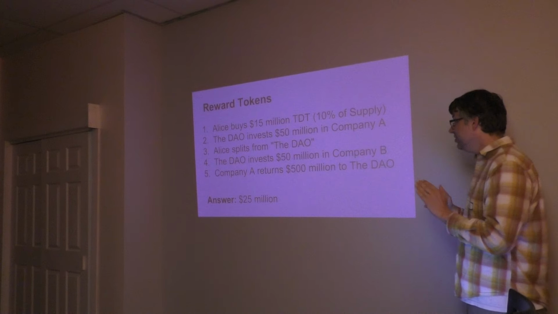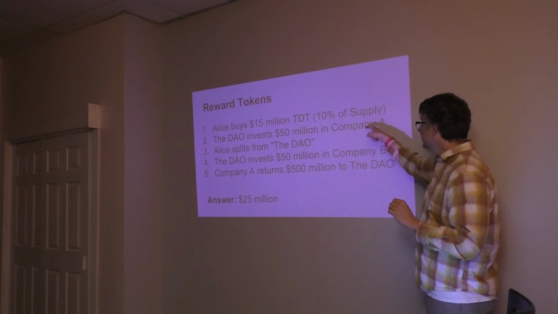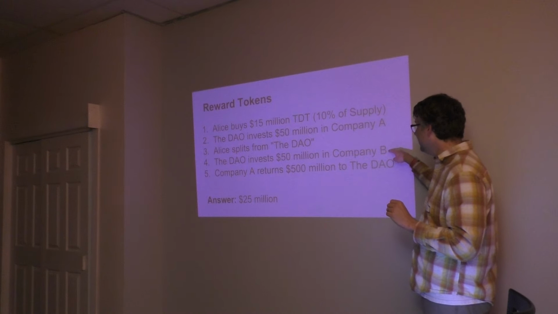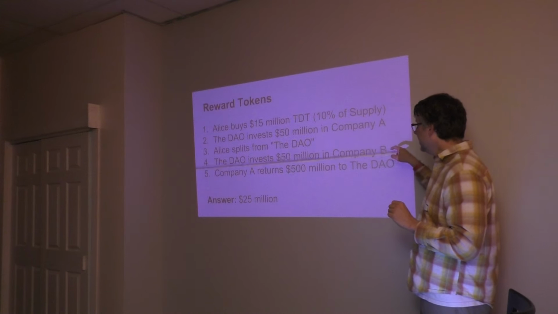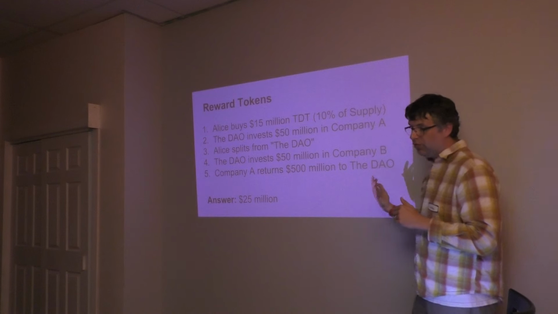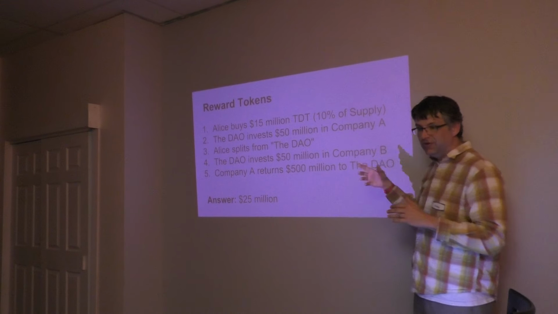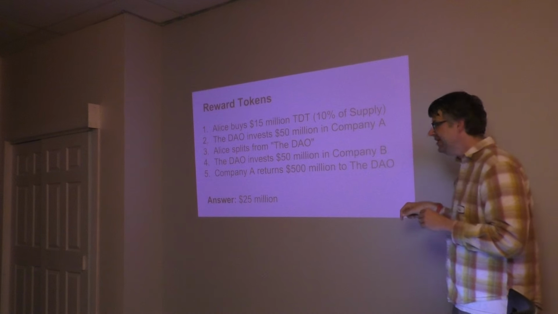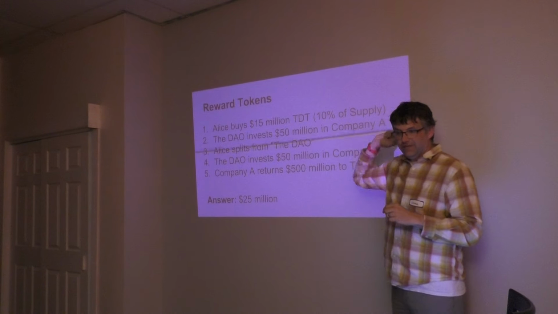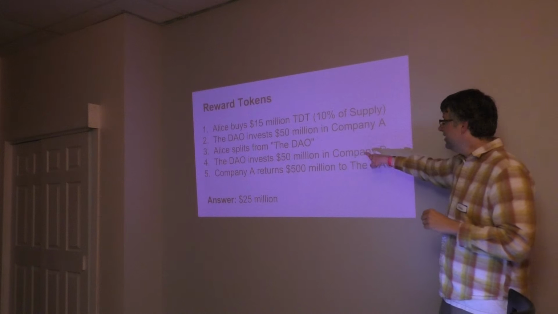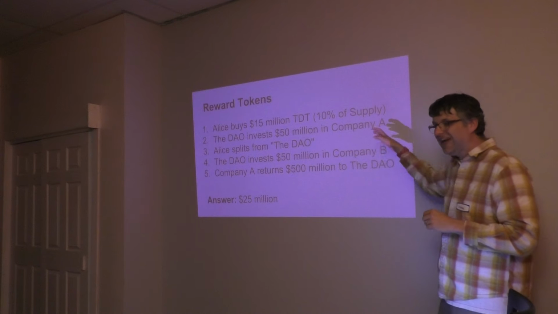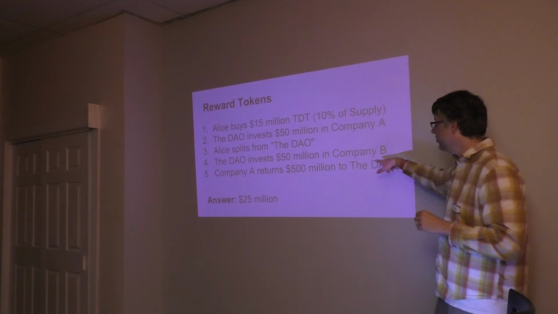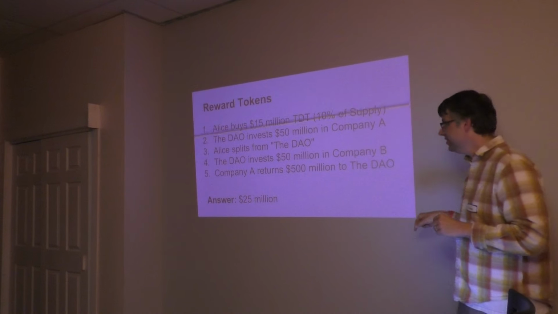But on the main level, when the DAO invested in company B, the value of a reward token got diluted by 50% because this investment was just as big as the last one. And so even though she's already left and she has nothing to do with this, the other investors can essentially dilute her holdings. And if her investments are successful, her earnings will be diluted as well.